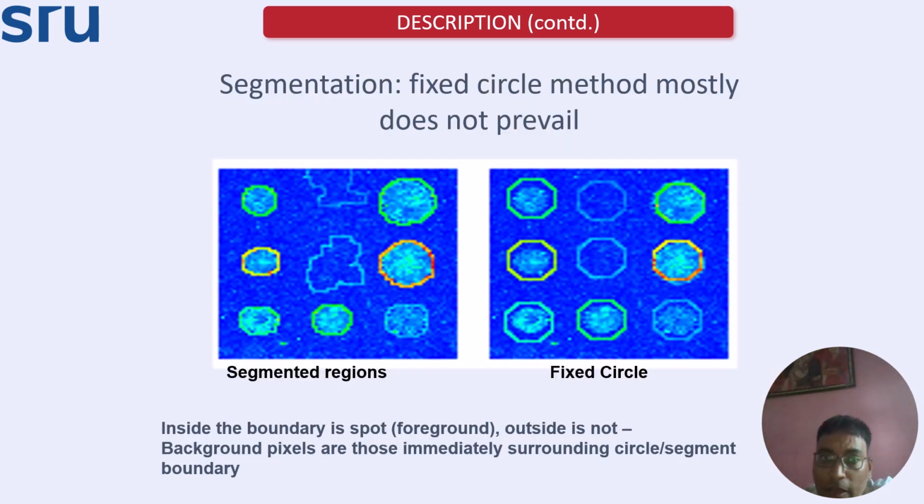Another major part which is causing trouble here is the segmentation part. Many times when I'm putting the circles here, in individual boxes where the samples are loaded, these samples are not fitting within the right boundaries.